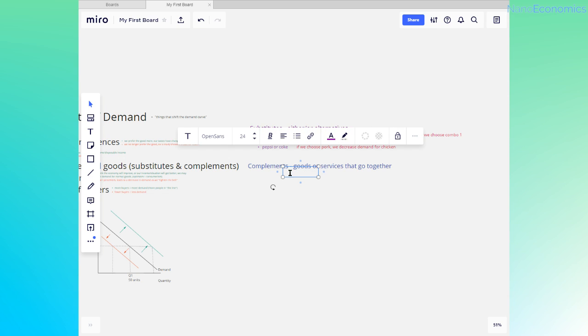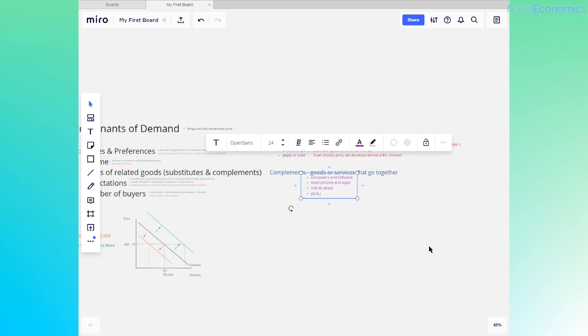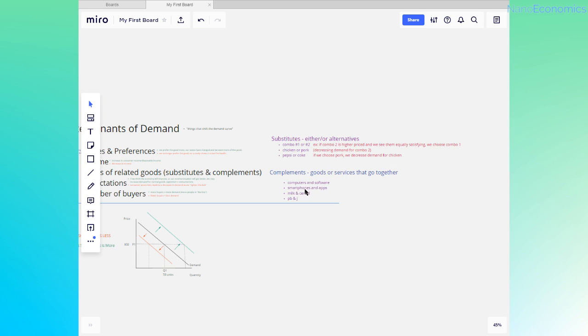So, smartphones and apps, milk and cereal, peanut butter and jelly, anything that you're going to look at and consider as a bundle or a total package together as opposed to separately.